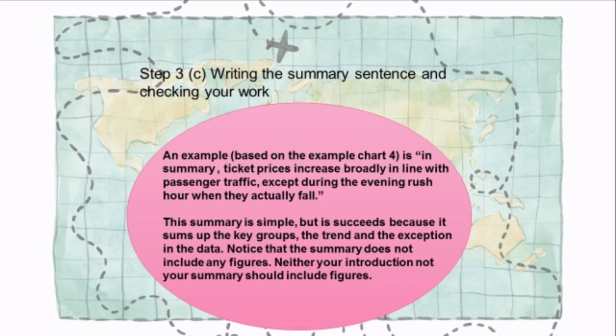This summary is simple but it succeeds because it sums up the key groups, the trend, and the exception in the data. Notice that the summary does not include any figures. Neither your introduction nor your summary should include figures.